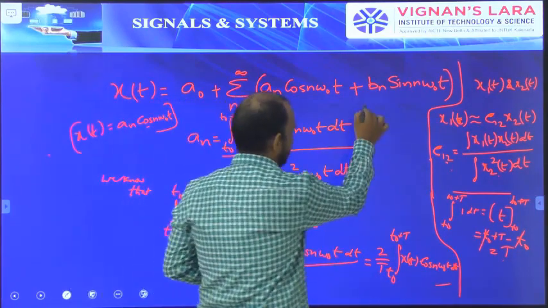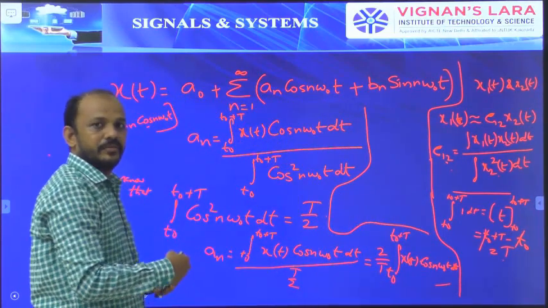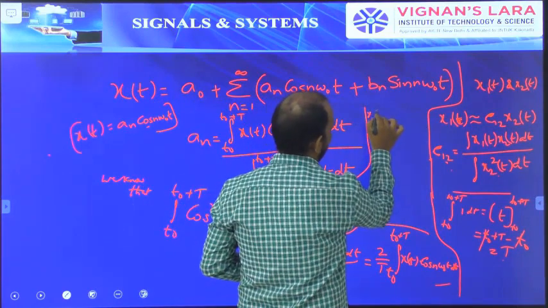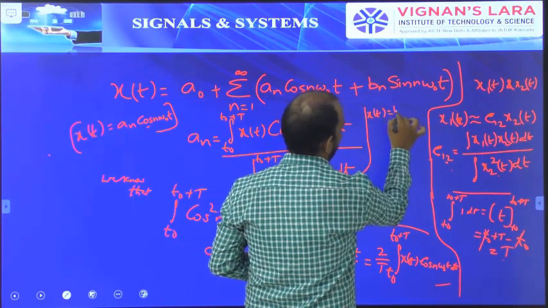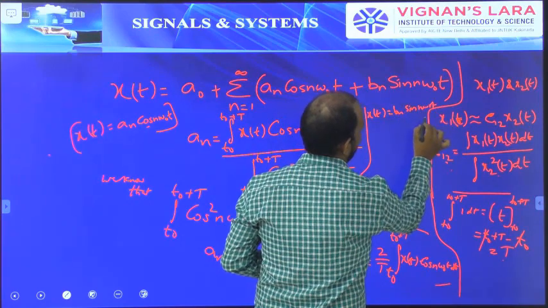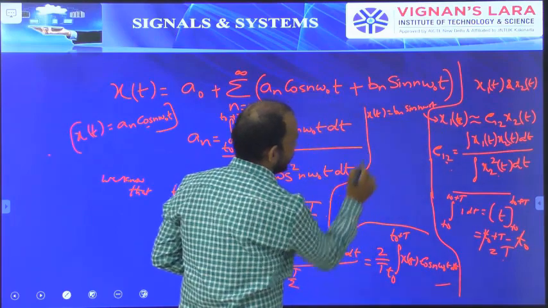So finally, if we do the same for the third one, we have to consider x(t) equal to bn sin n omega naught t, and compare this with that one. After that we have to find c12, that is bn.